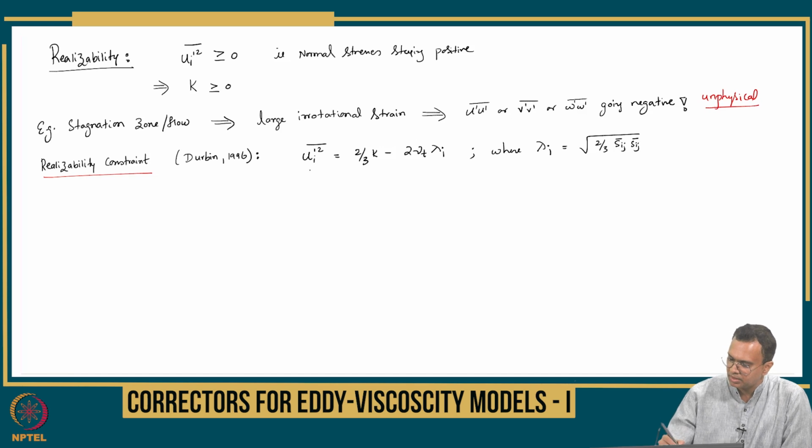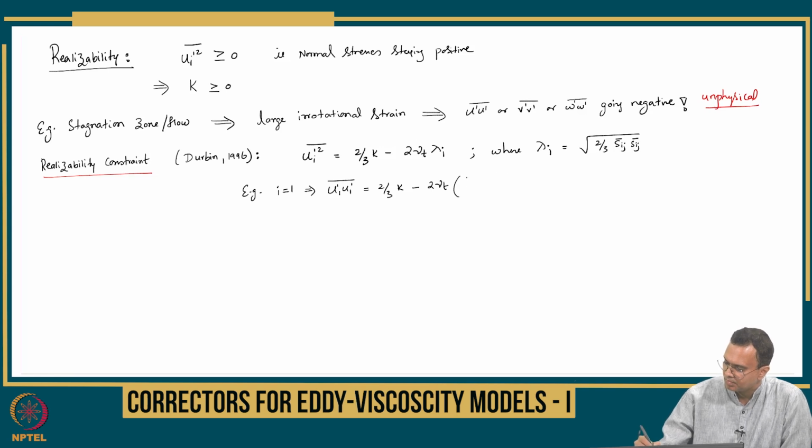For example, if you are looking into the normal stress, let us say I equal to 1, setting I equal to 1, I get u1 u1 prime average, which will be 2/3 k minus 2 nu t times lambda I, which is square root of 2/3 S1j bar S1j bar.